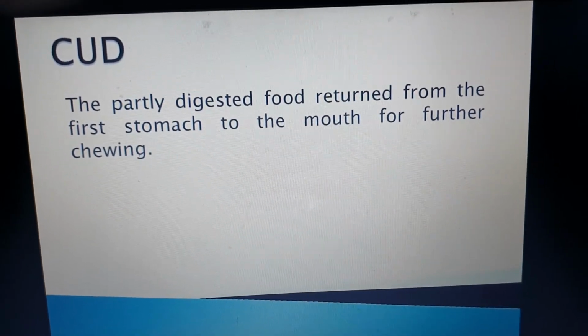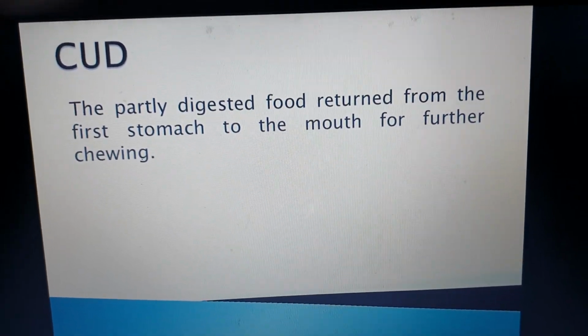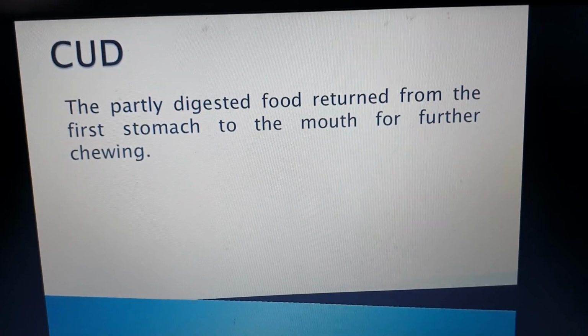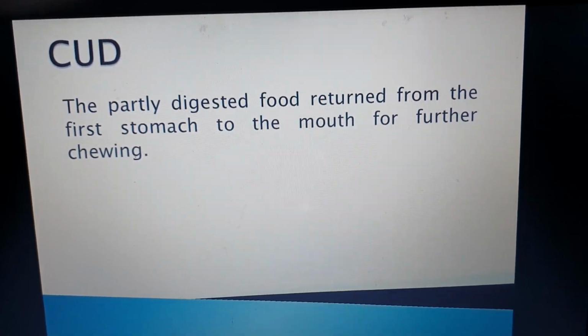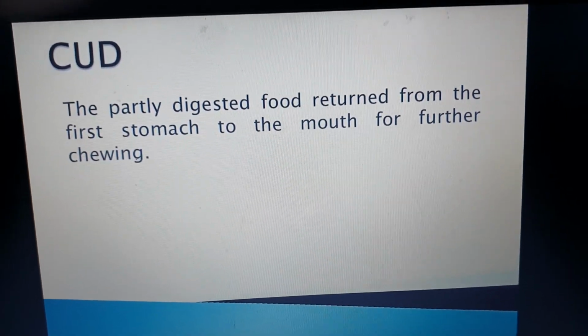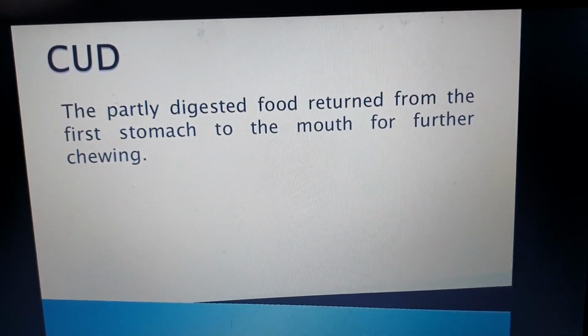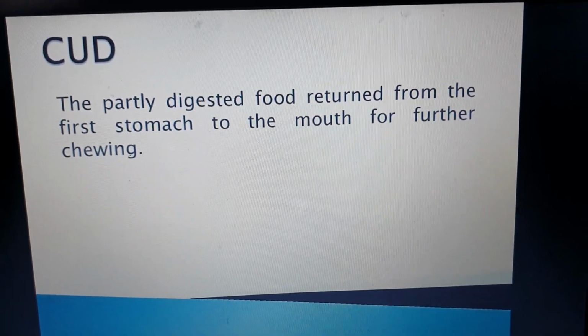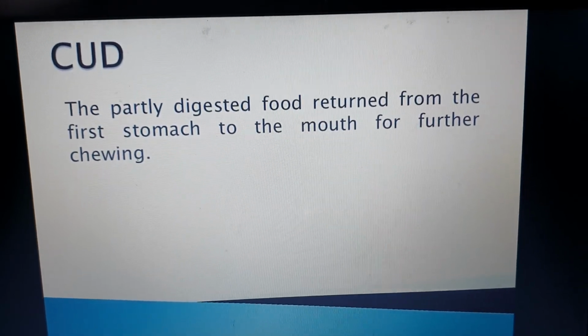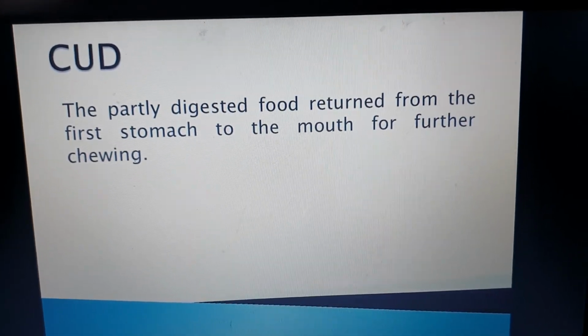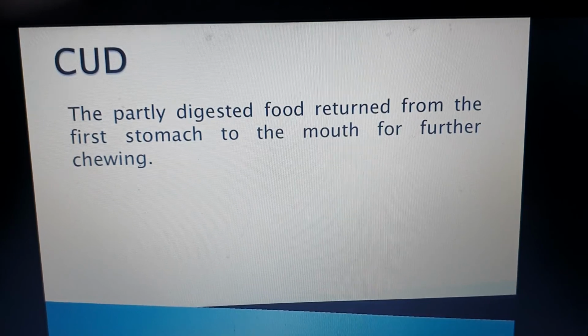They will bring that food back from the stomach to their mouth, and they will chew it nicely, because they are only swallowing the food. They are not chewing it. So they will bring the food back from their stomach, chew it nicely, and then digest it.